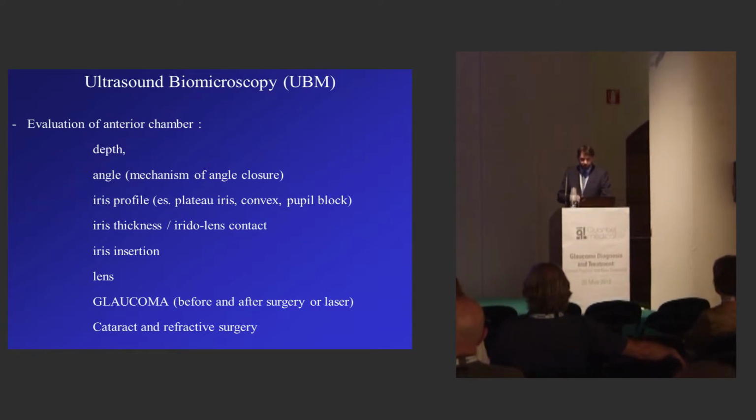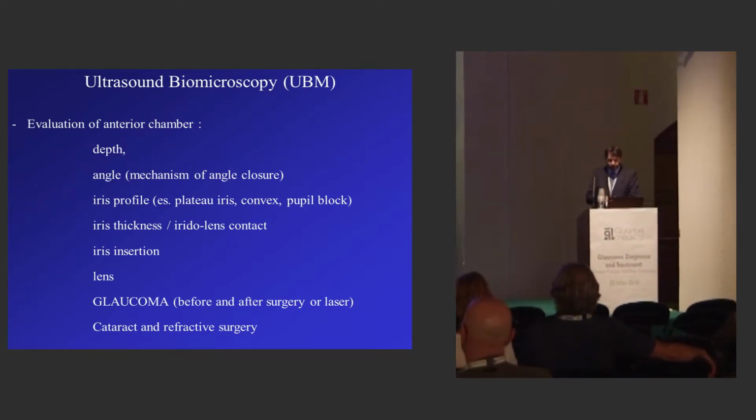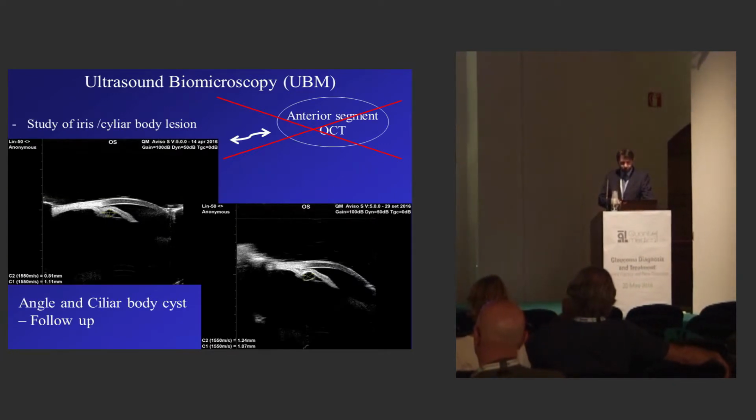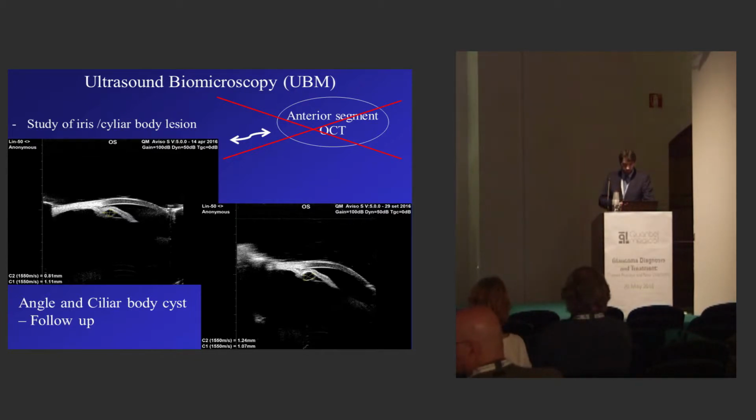We can study depth, angle, iris profile, iris thickness, iris insertion, the lens. And in a case like this, when we have a narrow angle caused by a ciliary body cyst, we can follow the patient only with UBM.